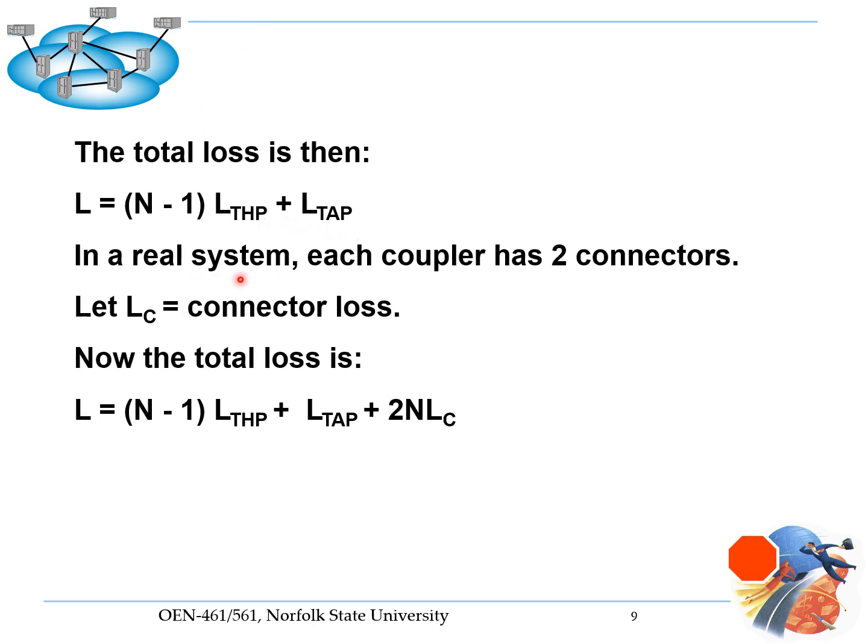In the real system, however, there are connectors, and each coupler, directional couplers and T couplers as well, has two connectors. If LC is the connector loss, there are a total of N couplers, N-2 T couplers and 2 directional couplers. So we have to add 2N LC to the formula.